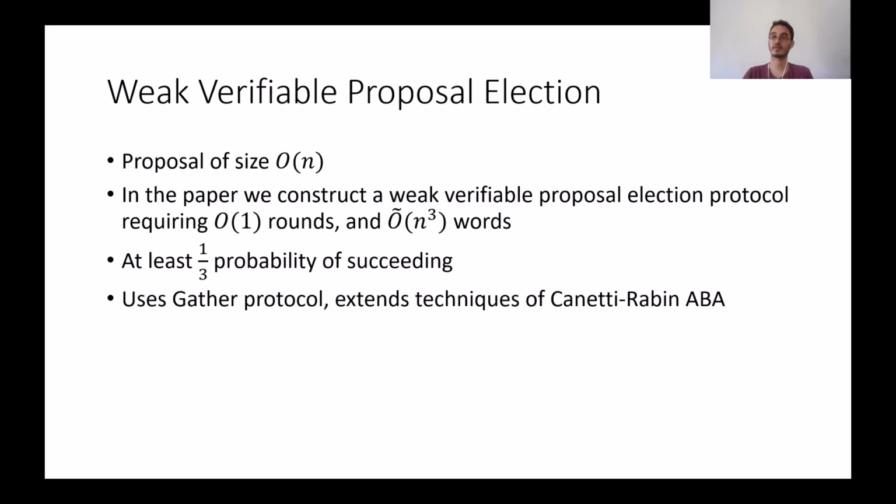The protocol has inputs of size O(n). And in the paper, we construct a weak verifiable proposal election protocol, which requires a constant number of rounds and a quasi-cubic number of words. We have at least a 1/3 probability of succeeding, so alpha is 1/3. And this protocol uses the gather protocol and extends the techniques of the Canetti-Rabin asynchronous Byzantine agreement protocol.